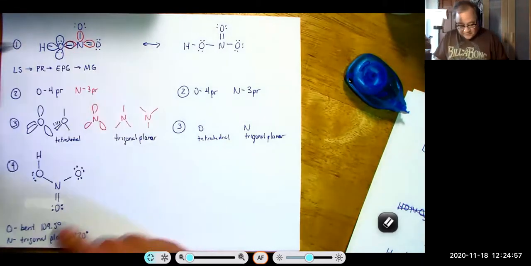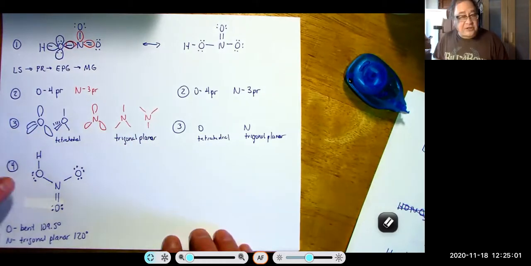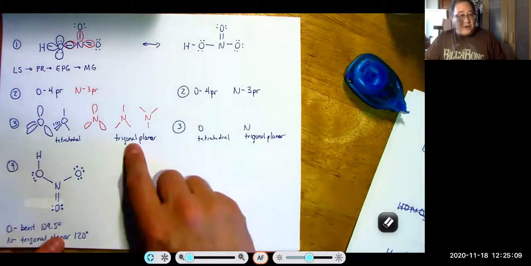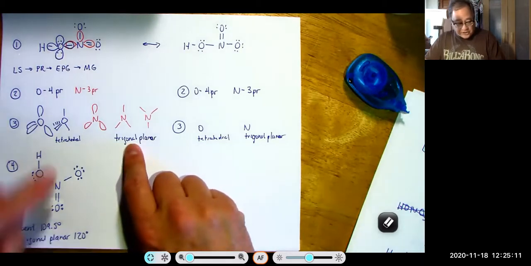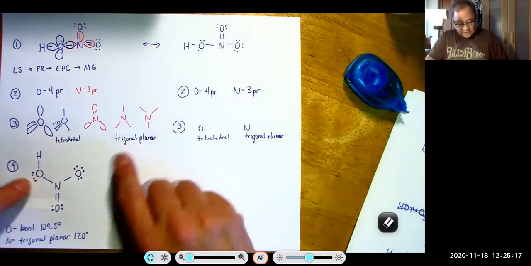And what is the big difference between these two cases? And the answer is really simple. The oxygen has lone pairs and the nitrogen does not. So when you have no lone pairs, the electron pair geometry, the EPG, matches the molecular geometry, the MG. When you have lone pairs, they're different.